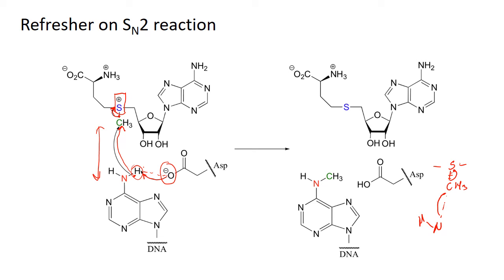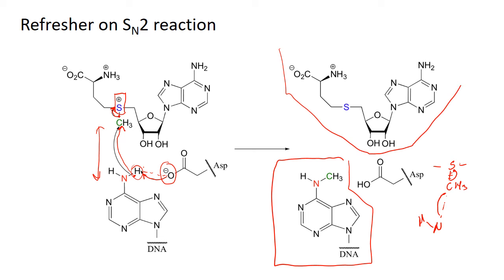In the end, we get a methylated DNA, and we get the methyl group removed. And this system is already in a stable state, obviously given the pH that it is in.